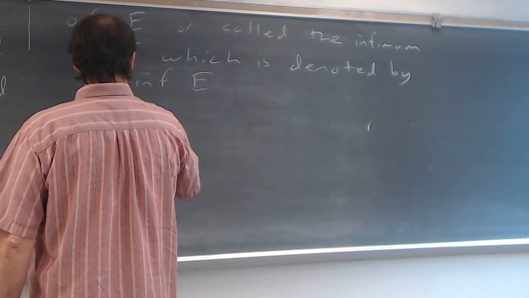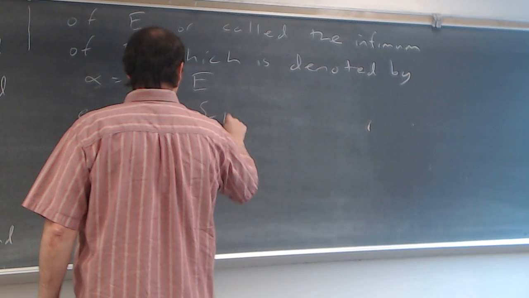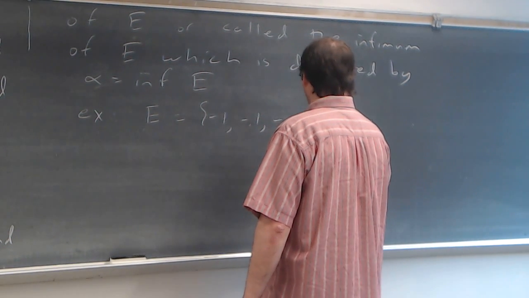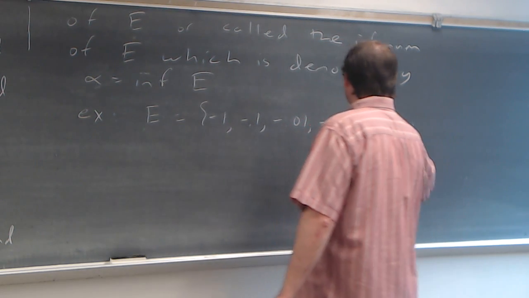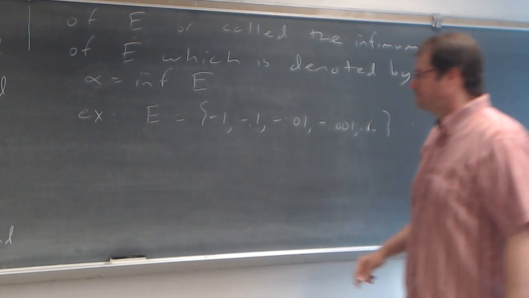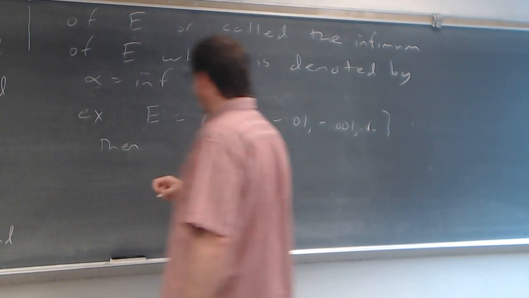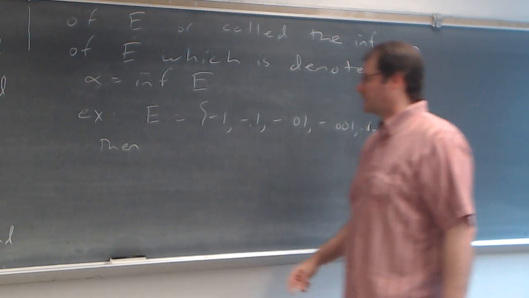So if we look at our set E equaling -1, -0.1, -0.01, -0.001, and so forth, then this is bounded below as a subset of the rational numbers, and it's non-empty.